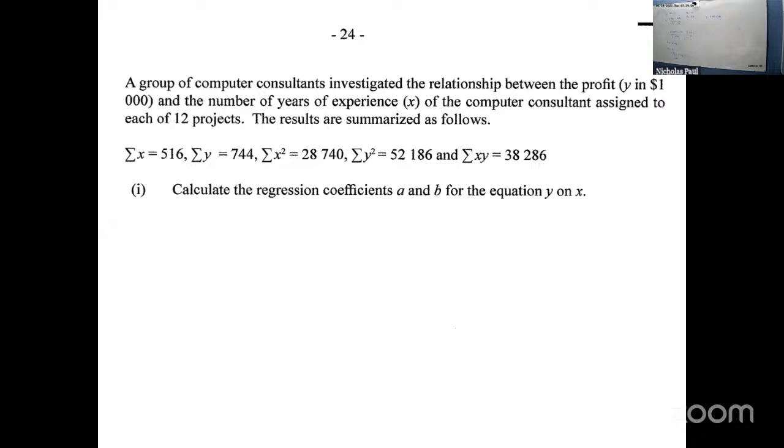You shouldn't ideally say "for every unit change in something." If you have to explain B, you should be specific to what X and Y are. So when they ask you to interpret R, you tell them very strong positive correlation between profits and number of years of experience. Okay.